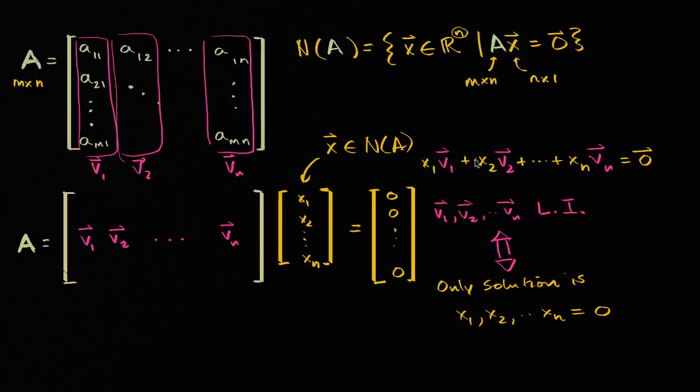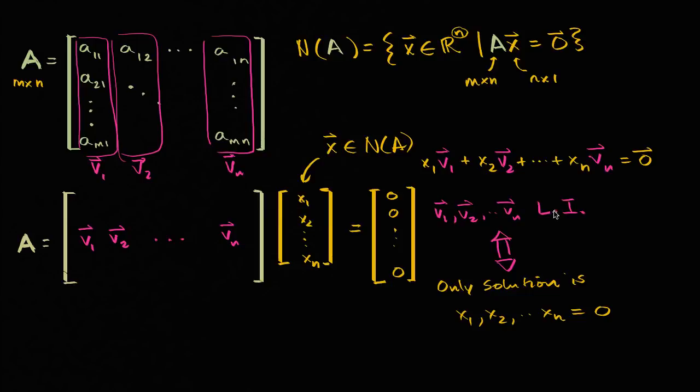So if the only way to get this sum to be equal to the 0 vector is if x1, x2, and all the way through xn are equal to 0, well, that means that our vectors v1, v2, all the way to vn are linearly independent, or vice versa. If they are linearly independent, then the only solution to this, if we're solving for the weights on those vectors, is for x1, x2, and xn to be equal to 0.